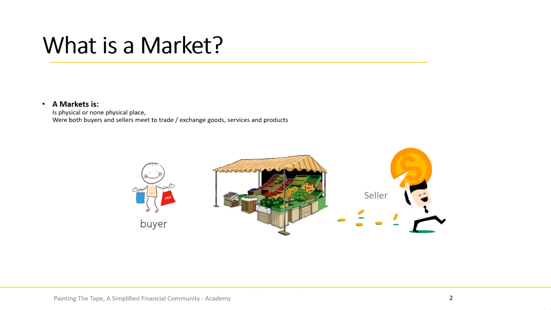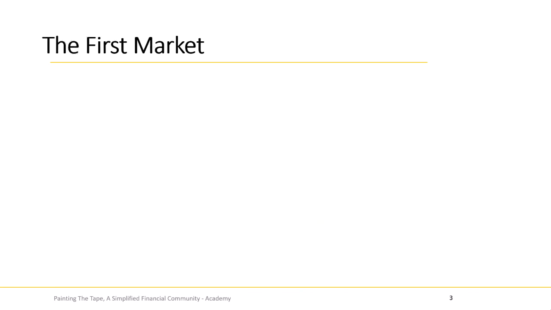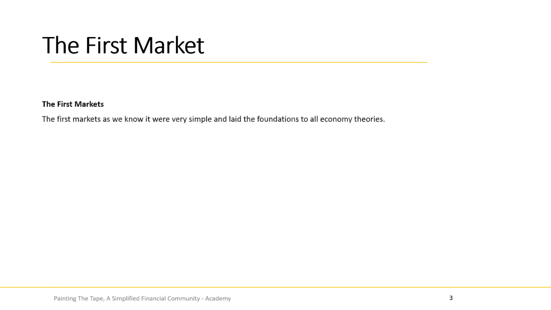One side would bring a product, a good, a service, or a commodity, and the other side would buy it. So the natural principle of market economics is that it has two sides, a buyer and a seller, a producer and a buyer.